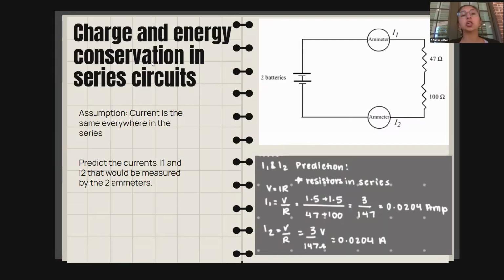So then we'll talk about charge and energy conservation in series circuits. So we assumed when we were making this that current is the same everywhere in the series. And so the goal of this was to predict the currents I1 and I2 that would be measured by the 2 ammeters. And so when we put this circuit together in real life, we predicted that it would be 0.0204 amps for both I1 and I2.